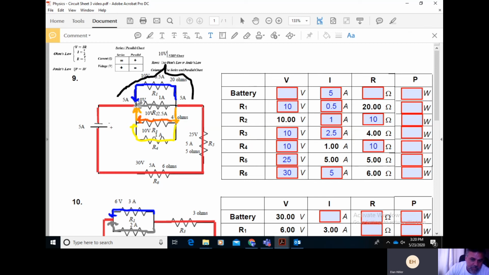The potential difference from this point to this point, which happens to split 4 ways, is all the same. It's all 10 volts. So here's what we do. We take these voltages and we add them up because this is a series connection all the way around the circuit. 30 plus 25 plus 10, we get 65 volts of total potential across the entire circuit.